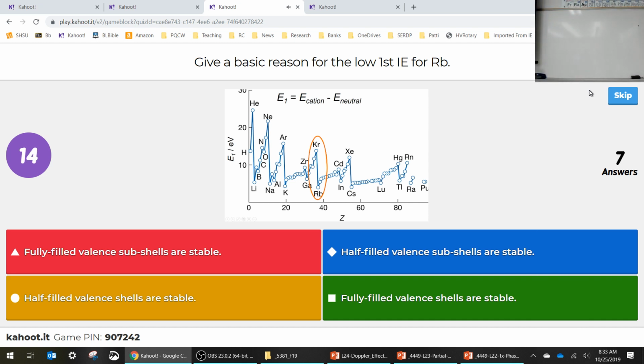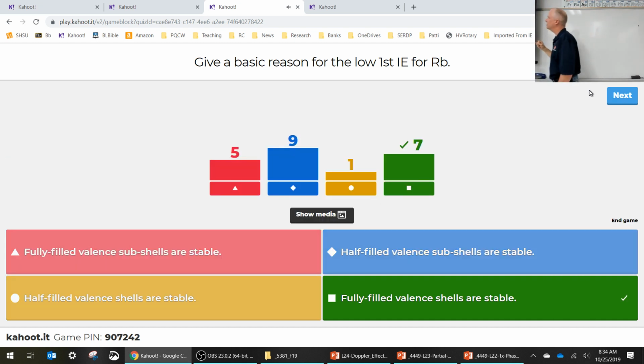The answers are: fully filled valence shells are stable, half-filled valence subshells are stable, half-filled valence shells are stable, fully filled valence subshells are stable. So you're having to parse the differences between those words. We have a tie between fully filled valence shells are stable and half-filled valence subshells are stable. And this is rubidium. Now, does it have a fully filled valence shell?